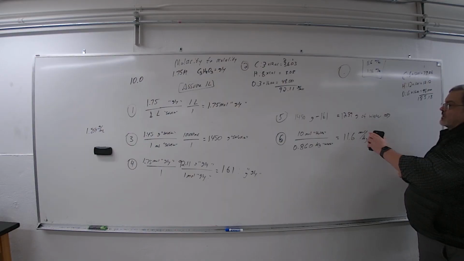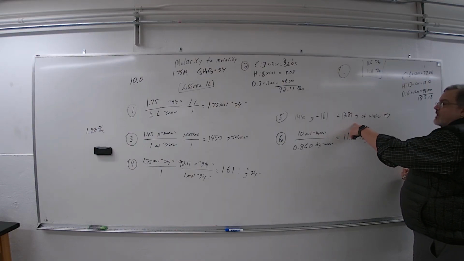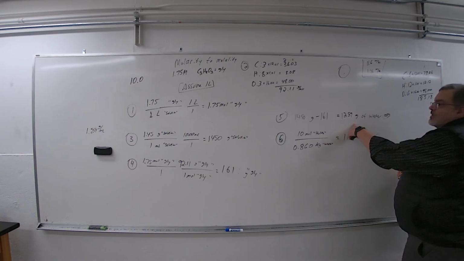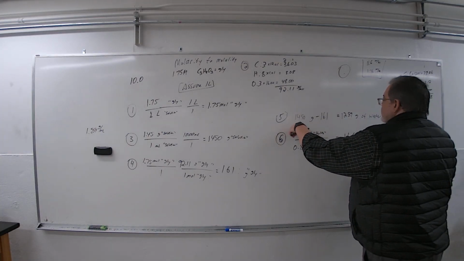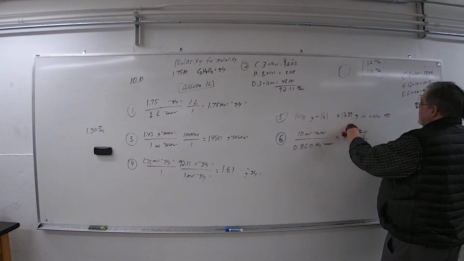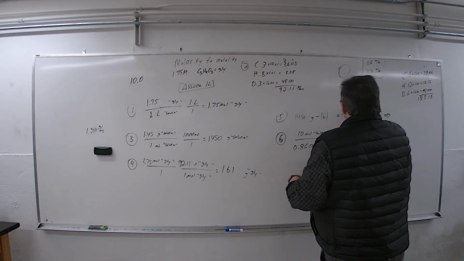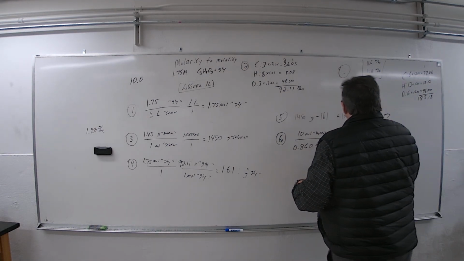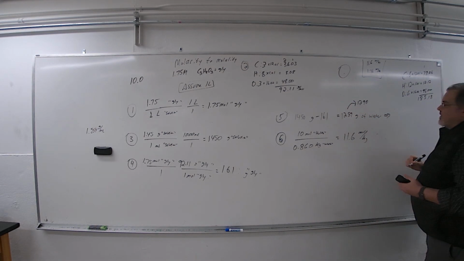Addition, subtraction, I end up with 4 significant figures here. That was really 3 though, so really this should be 1290. But my answer won't be too far off of that.